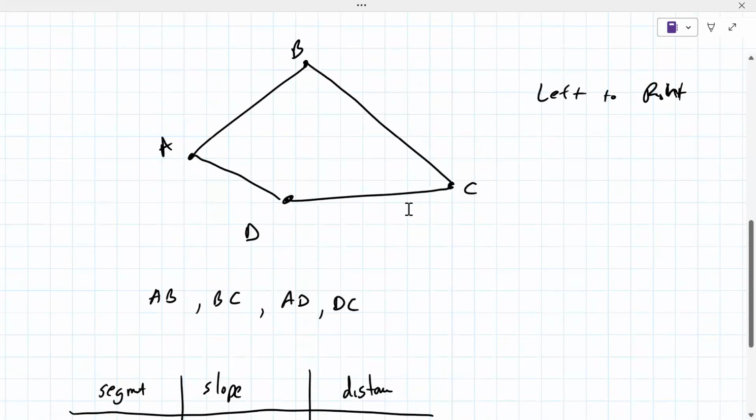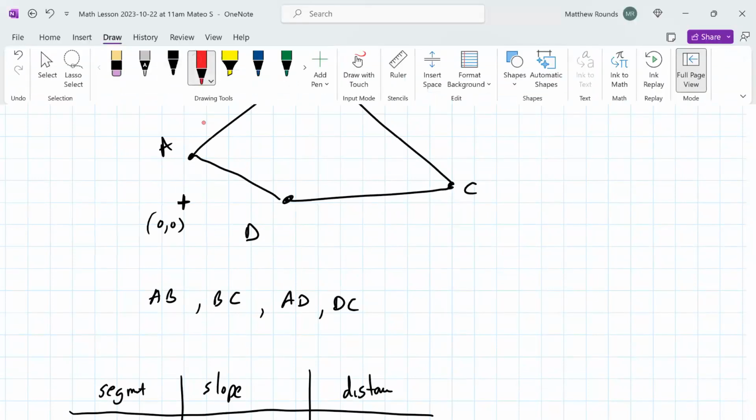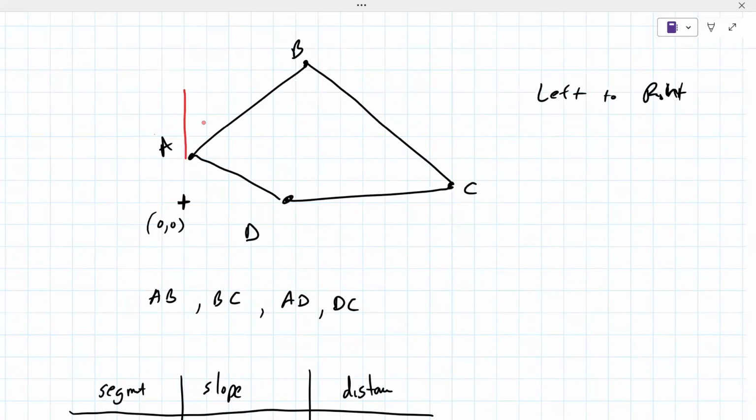Again, I've drawn this arbitrarily. It doesn't really matter where the axis is. Let's just say the axis is there. When you do slope, you should always do it as rise over run. What is the slope from A to B? 4/5. 4/5?